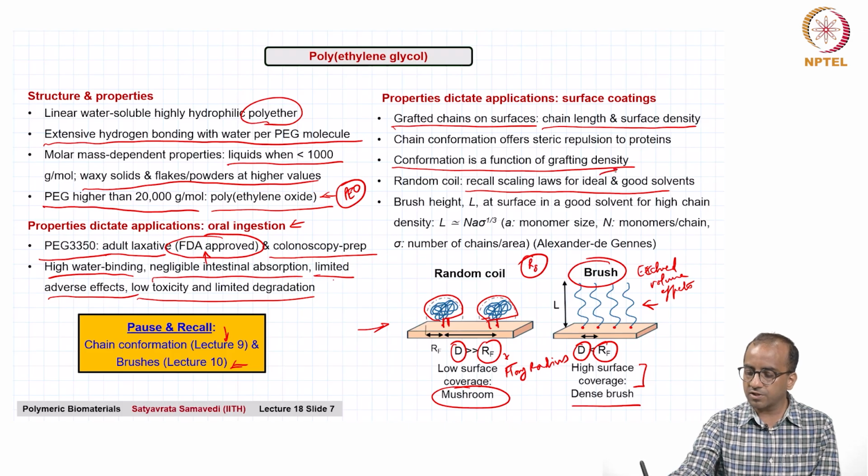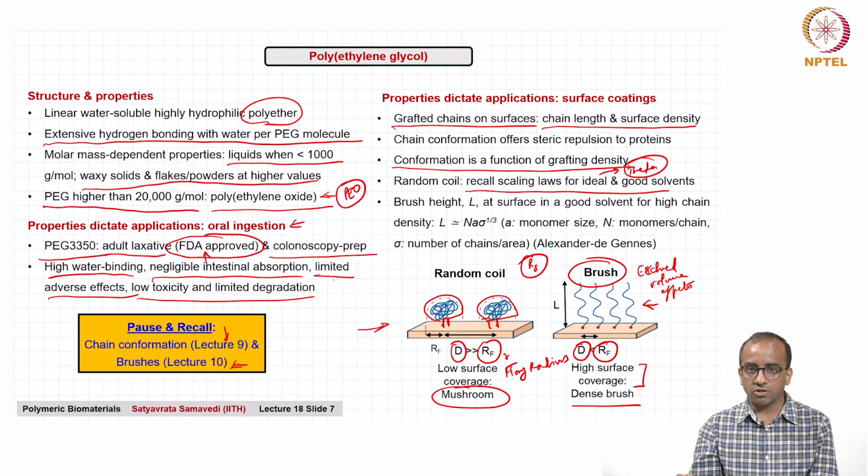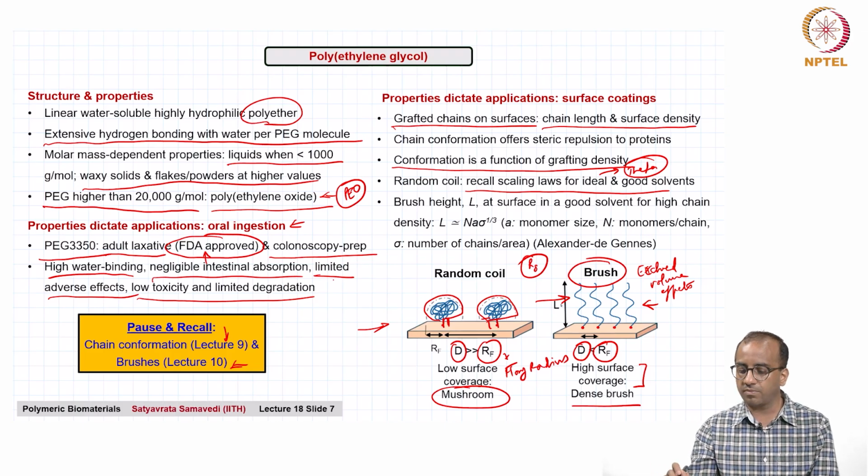Ideal here simply refers to the theta condition, and we have seen scaling laws for these in lecture 9. And in the other case, where the grafting density is very high, essentially where the distance between the chains is lower than the Flory radius, then you end up getting a brush-like conformation.